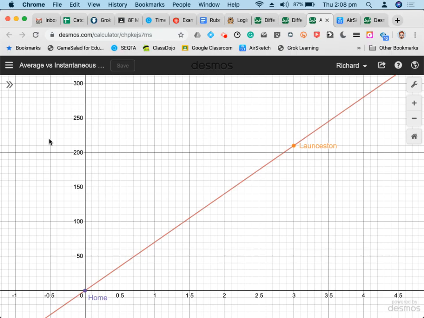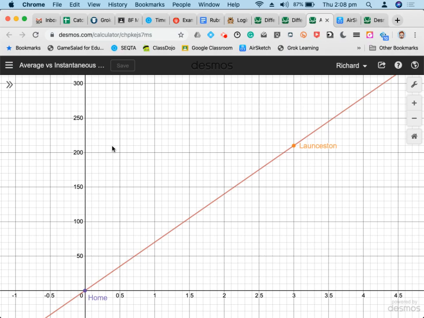This is a graph which relates length of time taken versus distance travelled to get to Launceston. You can see that Launceston is 210 kilometres away from Hobart. That's approximately right.